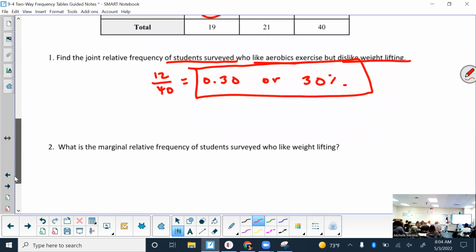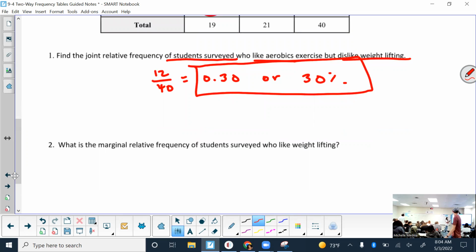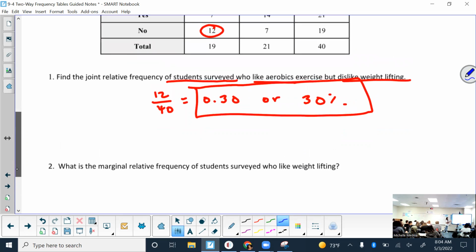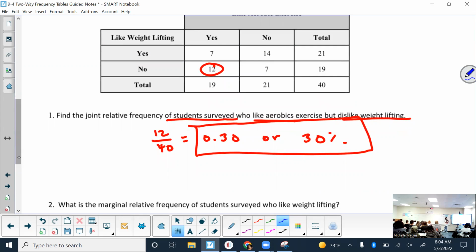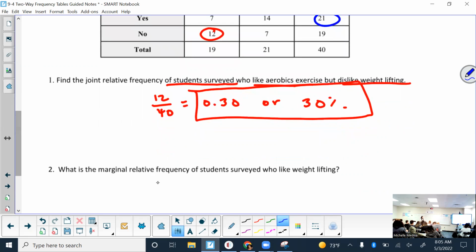All right, what about down here? Marginal relative frequency of students who like weightlifting, so don't shout it out yet. What number represents students who like weightlifting? 21. So just the weightlifting it's asking about, just students that like it, not the other ones.